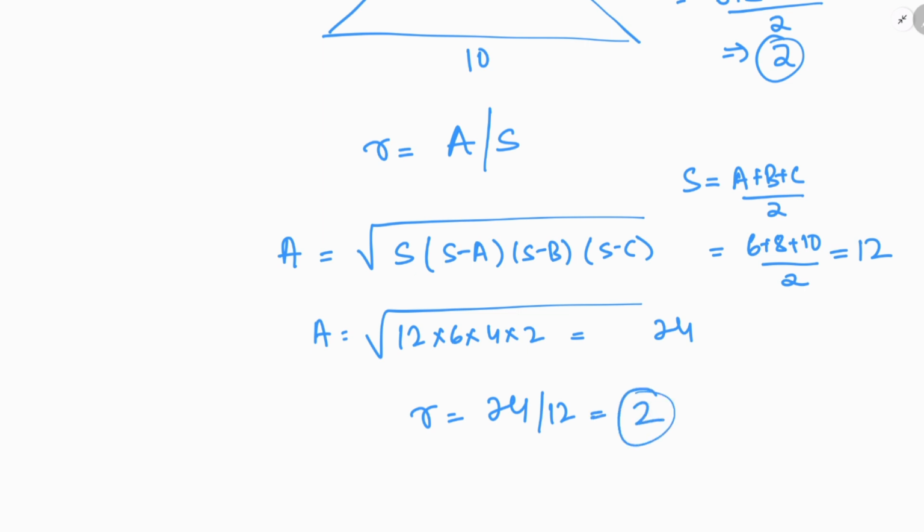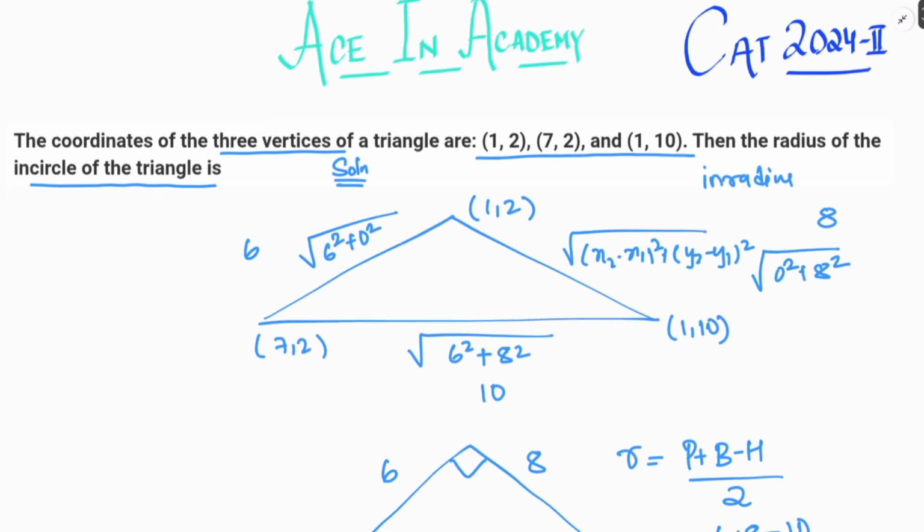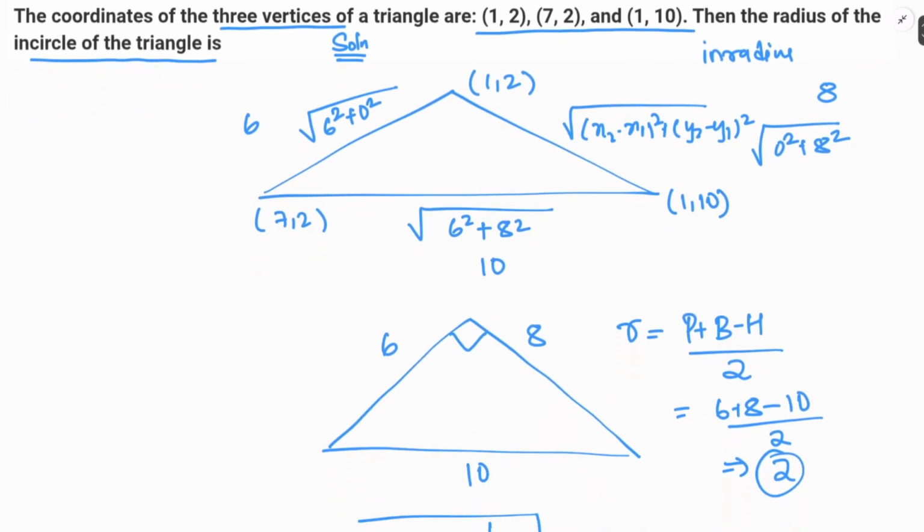So if this was not a right angle triangle, we would have used this formula that inradius is equal to area by semi-perimeter, and since we got a right angle triangle over here, we could easily use the formula (p plus b minus h) by 2. So that's how we calculate the inradius of any triangle, and the answer for this question is 2.